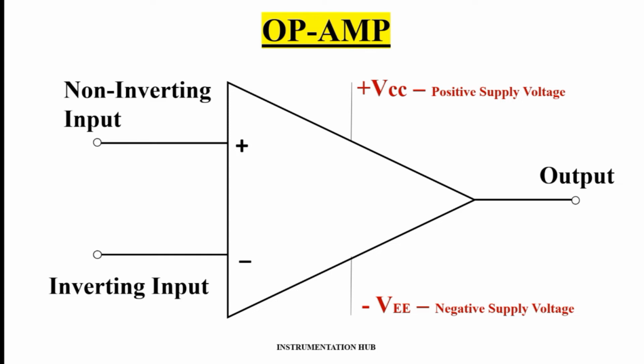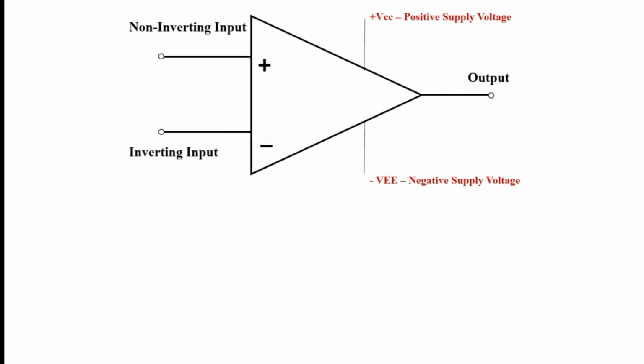Okay, now let's move to the other part. What will be the input, and according to the input, what will be the output of the OPAMP? Let's understand by terminal. The input terminal marked with the negative sign is called the inverting terminal.